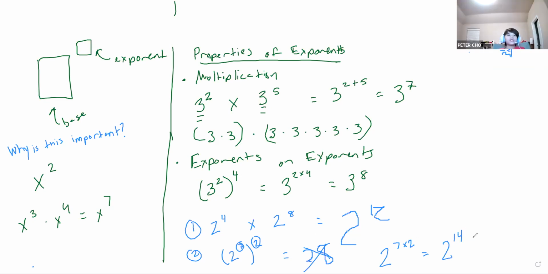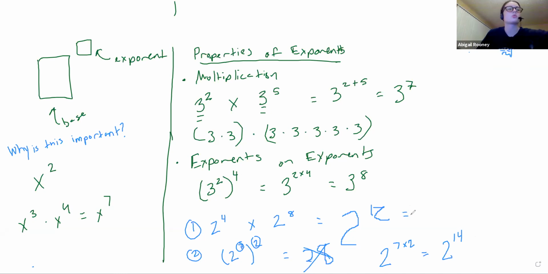But question. For number 1, why don't we multiply the base number? That's a good question. Then wouldn't it be an unsolved question? Yes and no. We could solve this out.